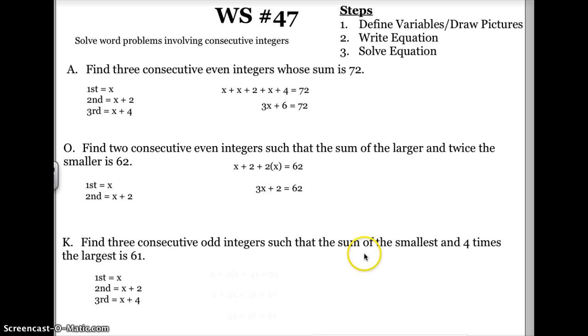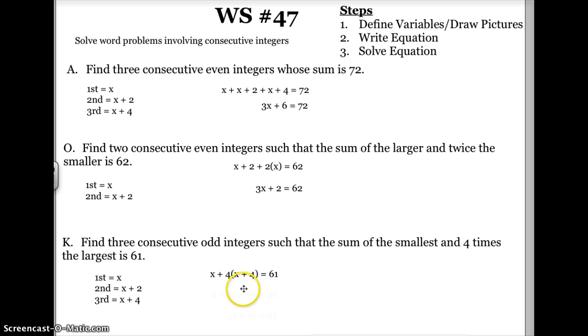Now it says the sum of the smallest, which is x, and 4 times the largest, which is 4 times x plus 4, is equal to 61. So here's what that one's going to look like when I get that one written down here. x, which is the smallest, plus 4 times x plus 4, which is 4 times the largest, is equal to 61.